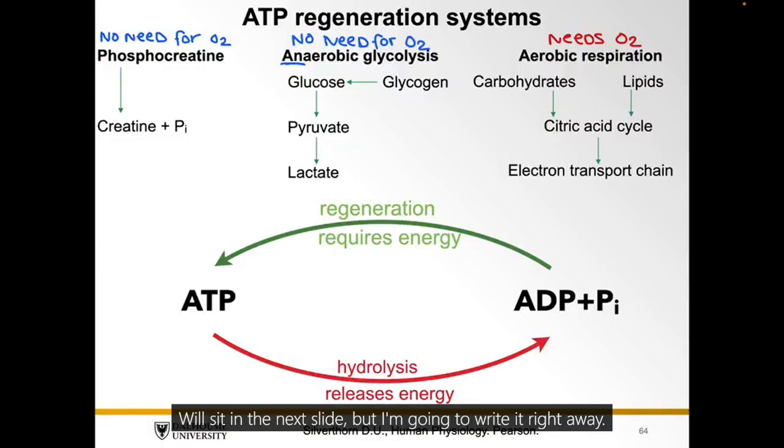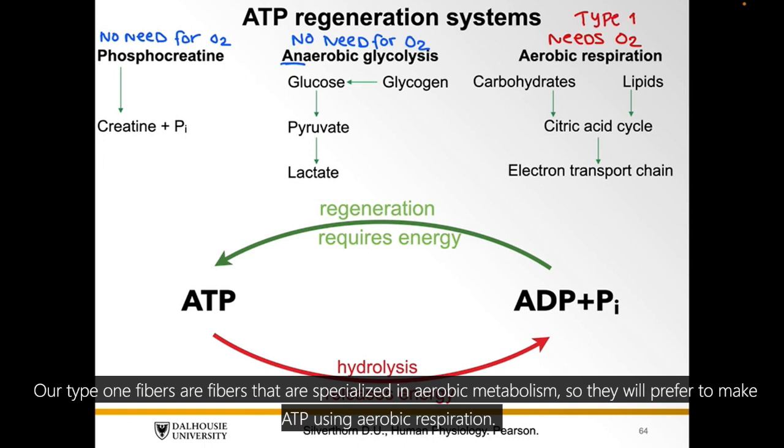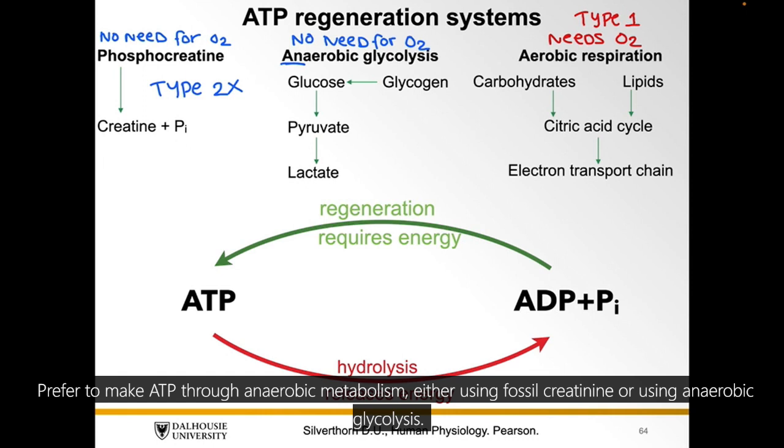We'll see it in the next slide, but I'm going to write it right away. Our type 1 fibers are fibers that are specialized in aerobic metabolism. So they will prefer to make ATP using aerobic respiration. In contrast, our type 2X fibers prefer to make ATP through anaerobic metabolism, either using phosphocreatine or using anaerobic glycolysis.